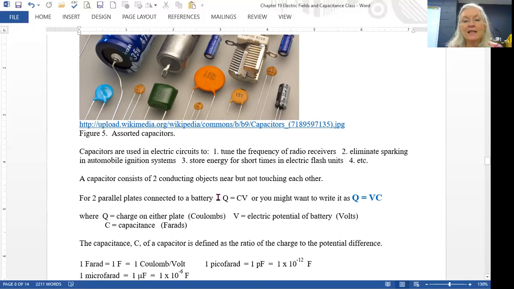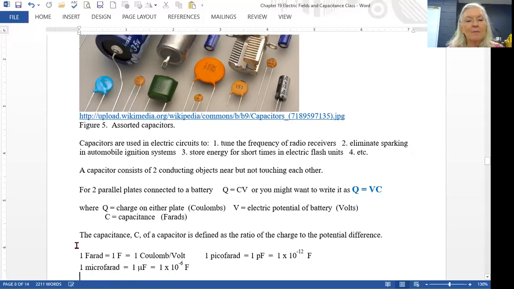And V is the electric potential, or the voltage measured in volts. So Q equals C times V, or sometimes I'll write it as Q equals V times C because of that home shopping club that's on cable TV sometimes. But we'll need to know Q equals CV. So Q equals CV is an important equation for us.